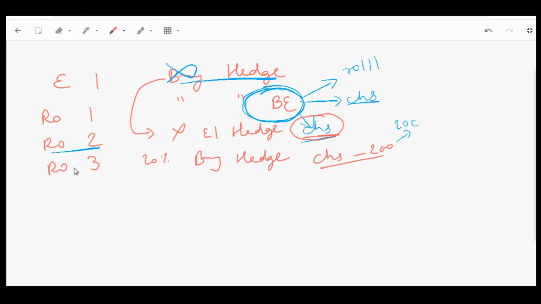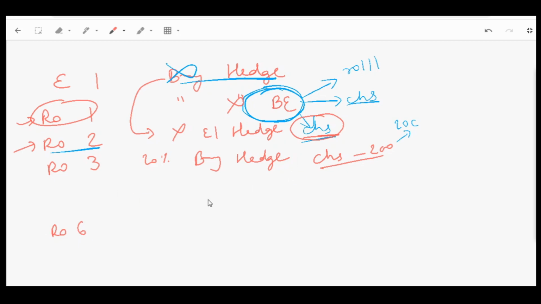After that, RO4 and 5 are for other adjustments. Now after RO3 has happened, I want to exit this RO1 break even hedge now, because we can't be in two hedges at the same time, otherwise the strategy would not be called iron fly, as you all know.